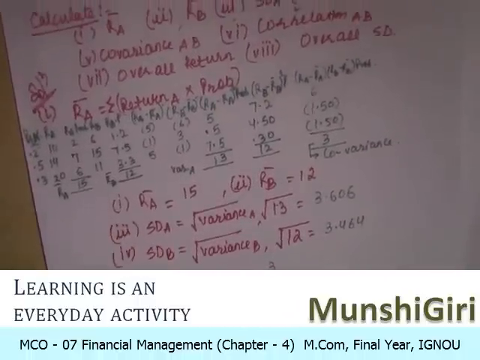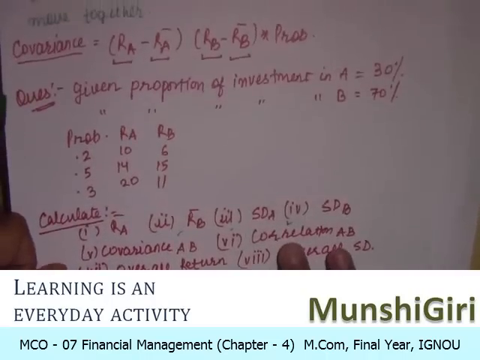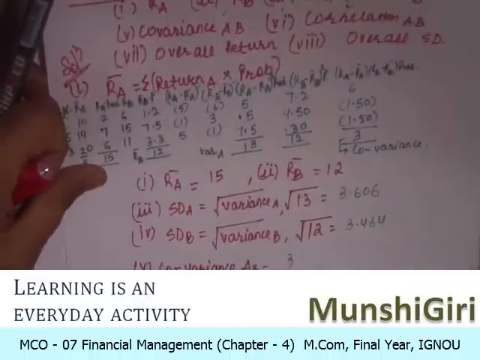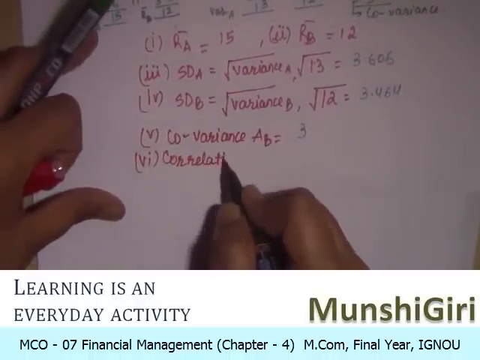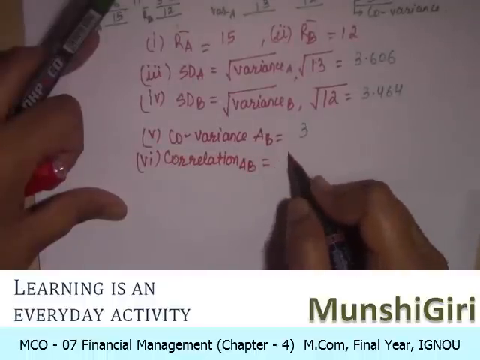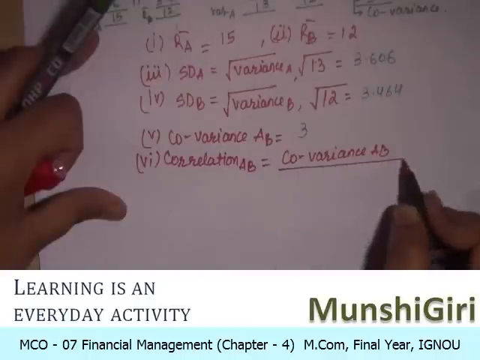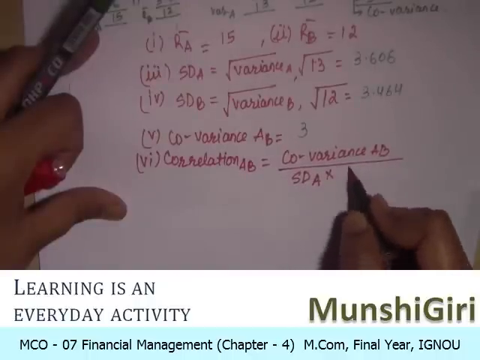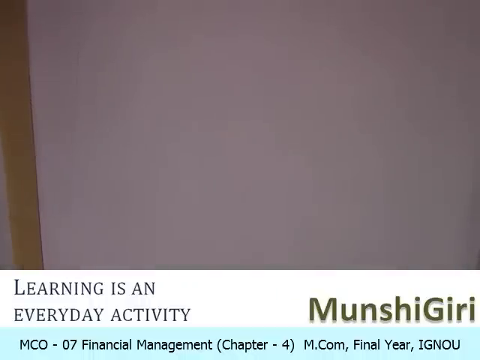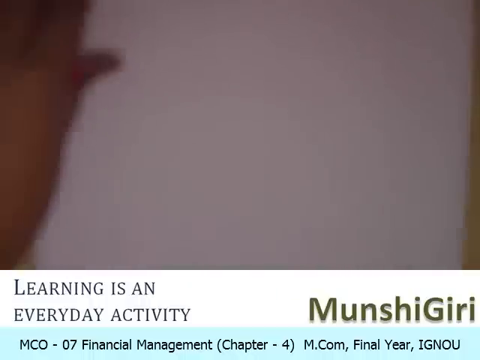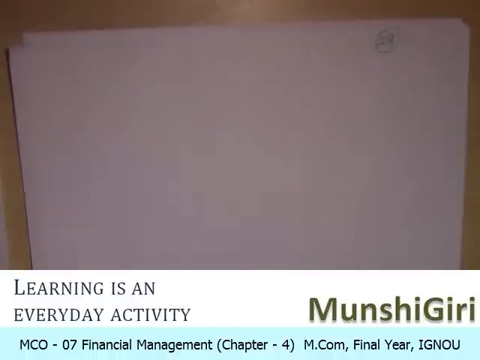Now the sixth point it is asking is correlation AB. Correlation AB is equal to covariance AB divided by standard deviation of A into standard deviation of B. How much was the covariance?